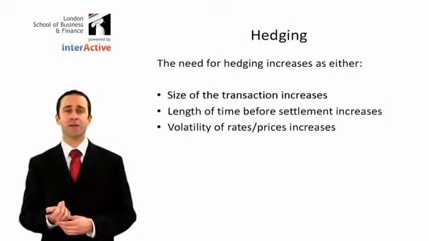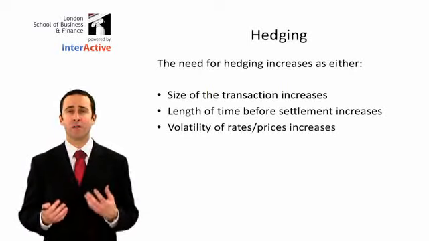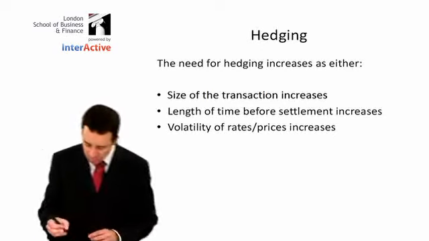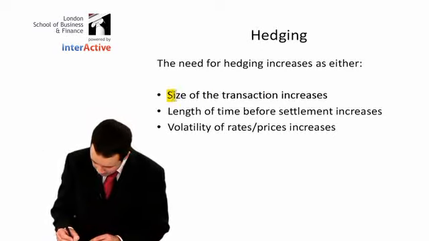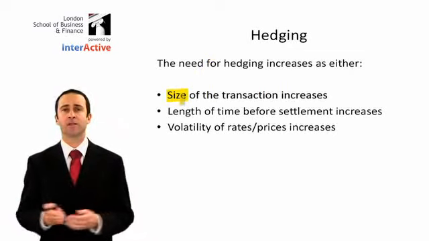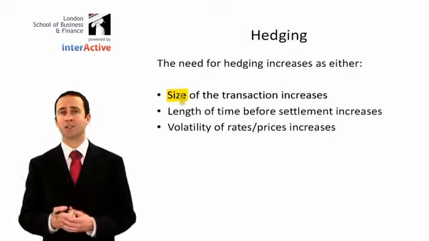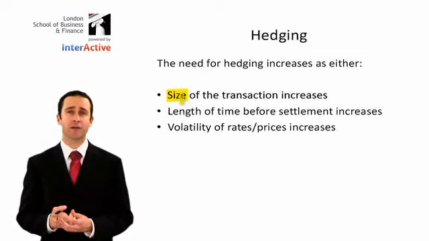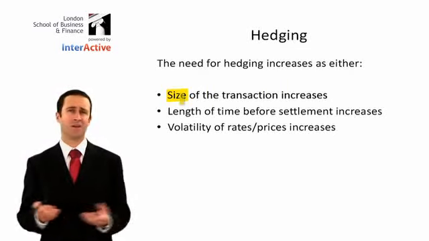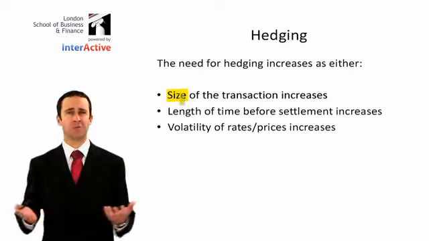Well, the need for hedging within a business will increase based upon three separate things to consider. The first one is the size of the transaction. If I'm an orange juice manufacturer looking to buy some oranges in the future, and I'm only going to buy one orange, that orange is only going to cost me 10 or 15 pence.